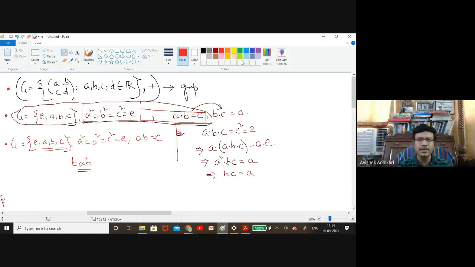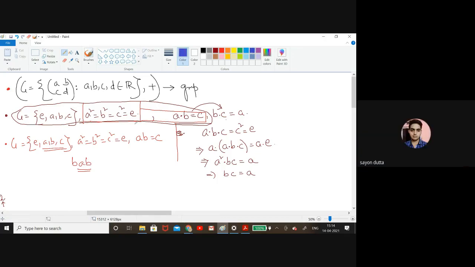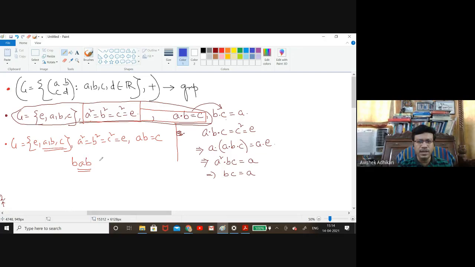Why? Because AB is C, that means B into C, and just now we have seen that BC is again A. So though it looks quite complicated, ultimately with these relations we could simplify it and it becomes A.